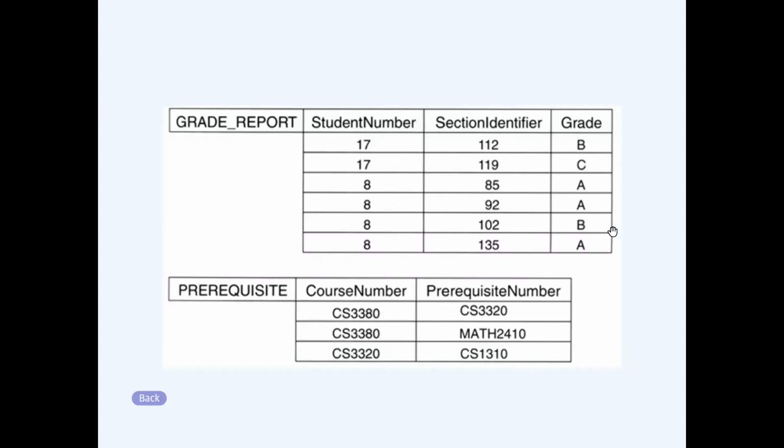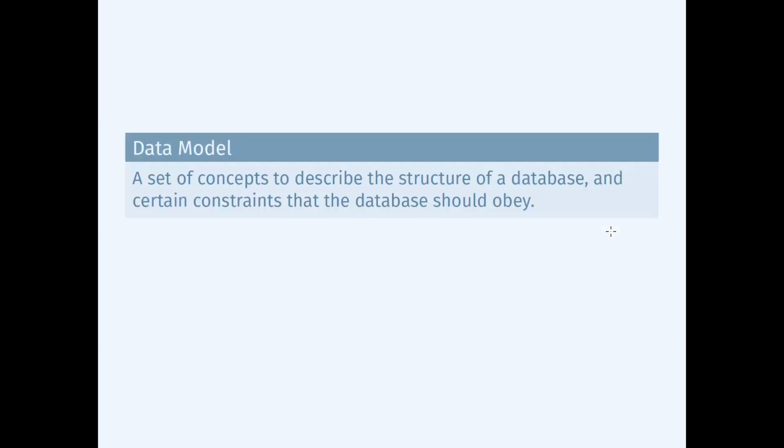Now we will switch to another concept where we talk about data models. When we talk about data models, what it basically means is that we are going to describe the structure of the database.